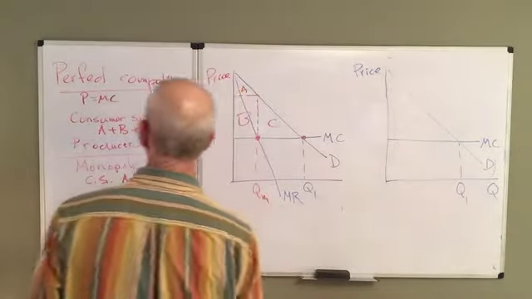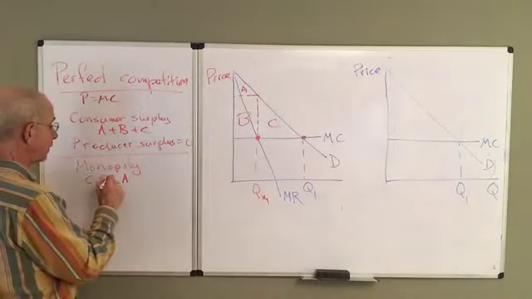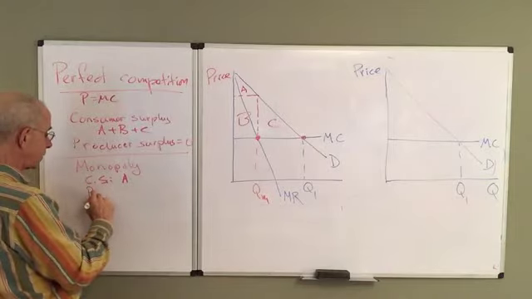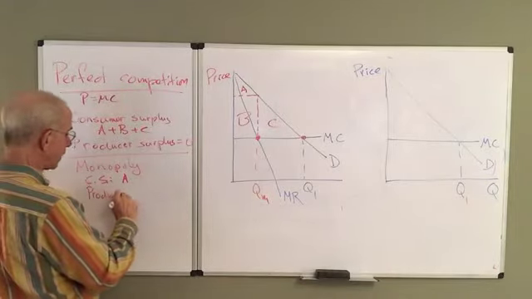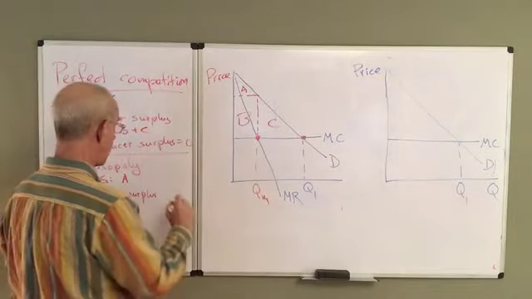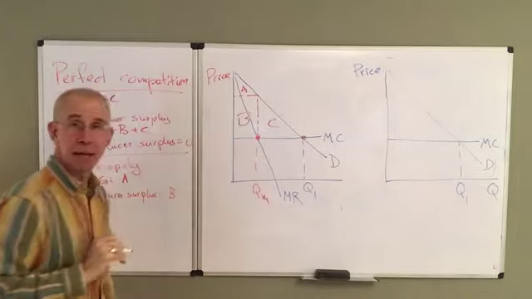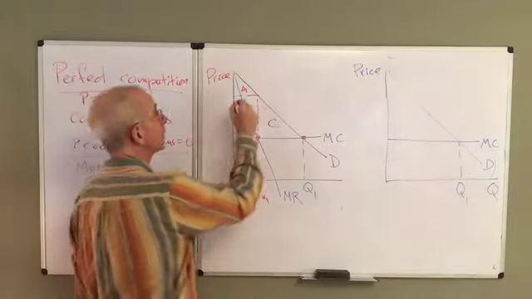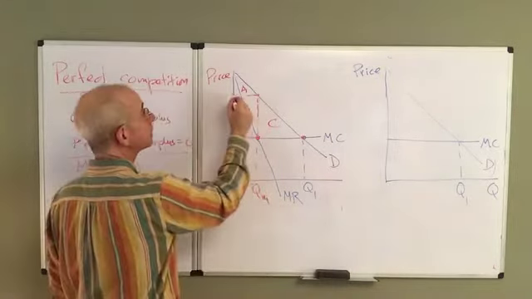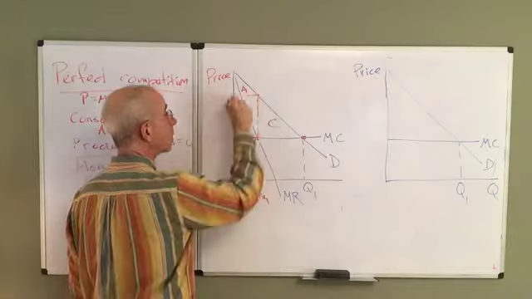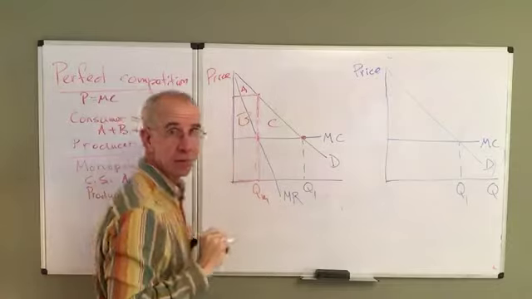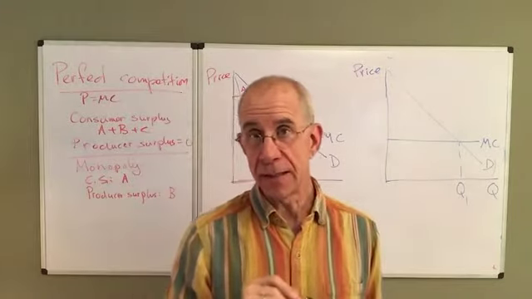So they get some level of consumer surplus. The monopoly profits, and we'll just call that producer surplus, because that really is a kind of surplus. They get producer surplus of B. That's the difference between the revenue that they get and their costs. So they have area B.